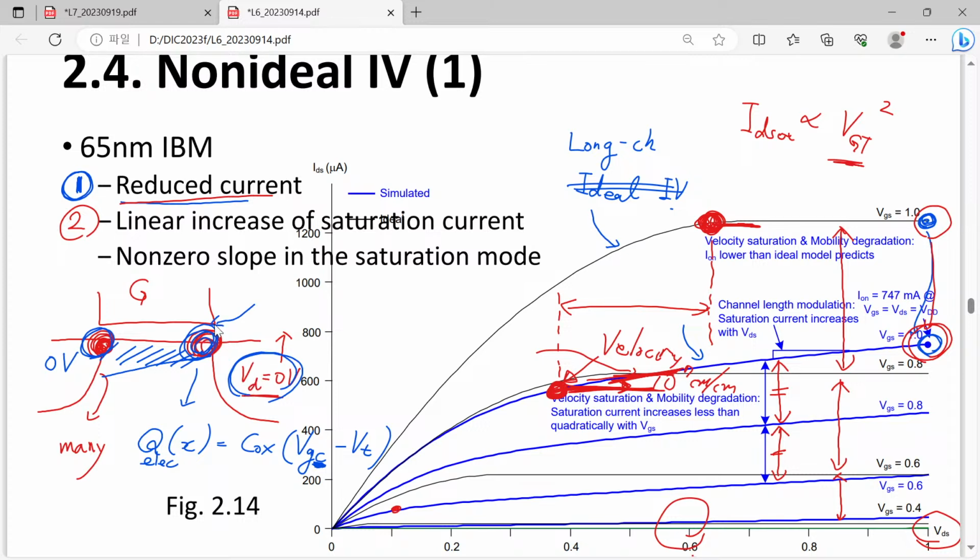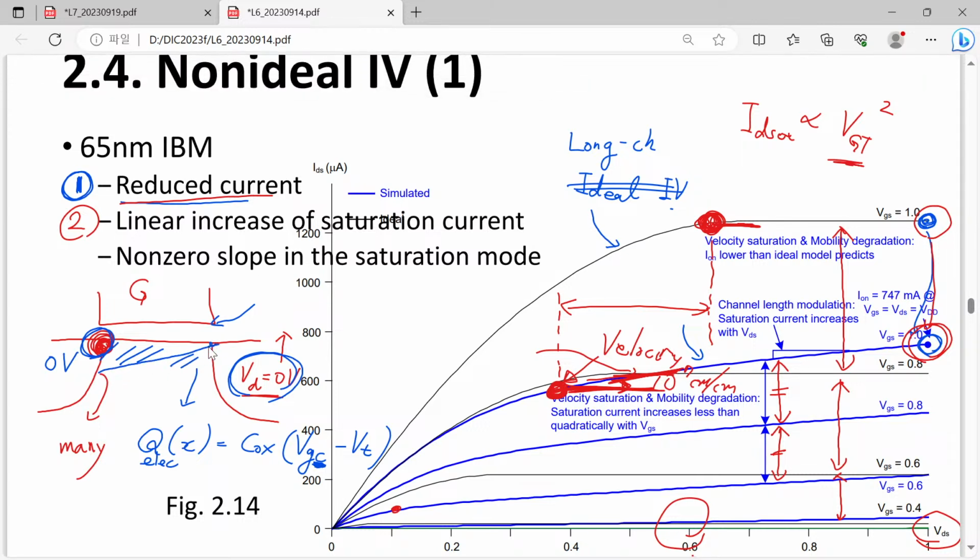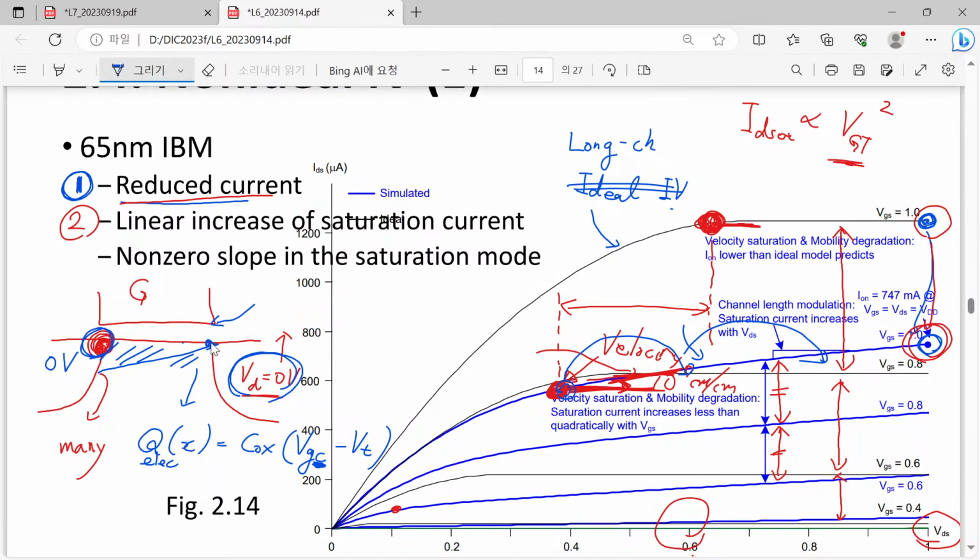So when your drain voltage is sufficiently high, you have no more electrons at this point. Then, if you apply even higher drain bias, starting from here, this part enters the so-called subthreshold region.